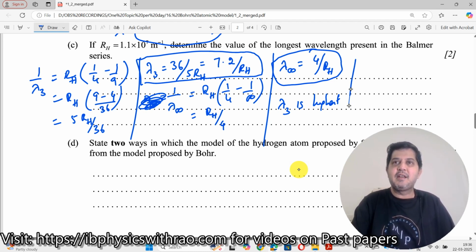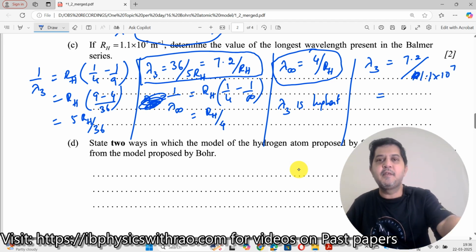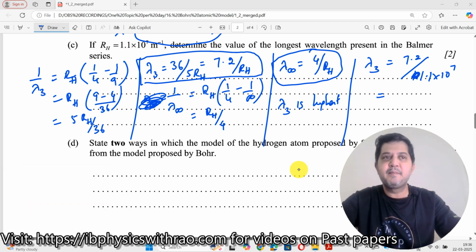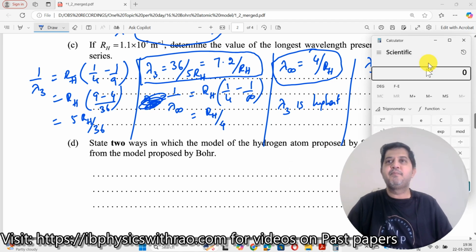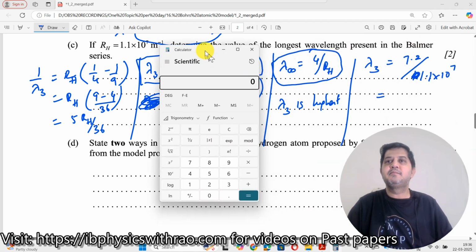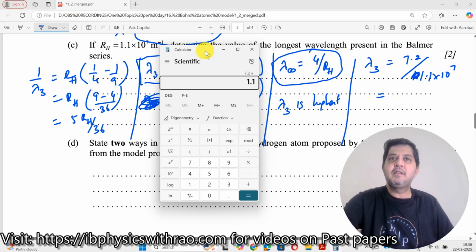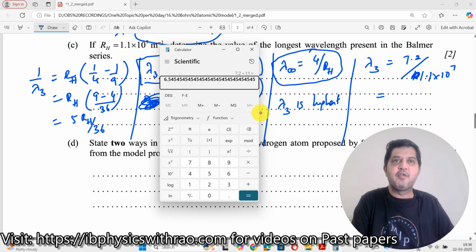So now I can write lambda 3. I can substitute the value, which is 7.2 divided by the value of RH, 1.1 into 10 to the power of 7. Let me use my calculator. 7.2 divided by 1.1 is equal to 6.54.